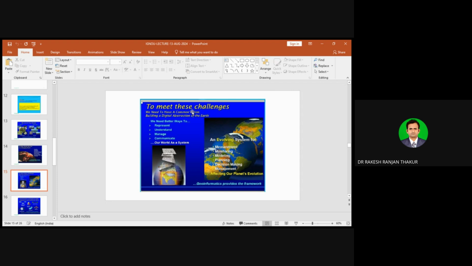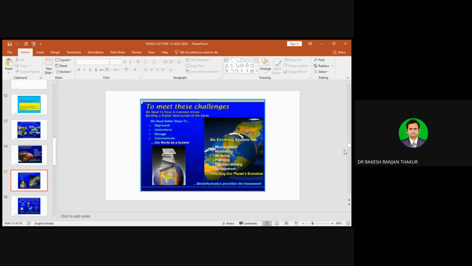We need to have better ways to represent whatever is there on the earth surface. Then we can understand it, manage it, and communicate it. So in that case geoinformatics plays a very vital role. We can measure it, we can monitor it. Like whether a forest is decreasing, or whether there is afforestation, or whether there is degradation. These things can be monitored.